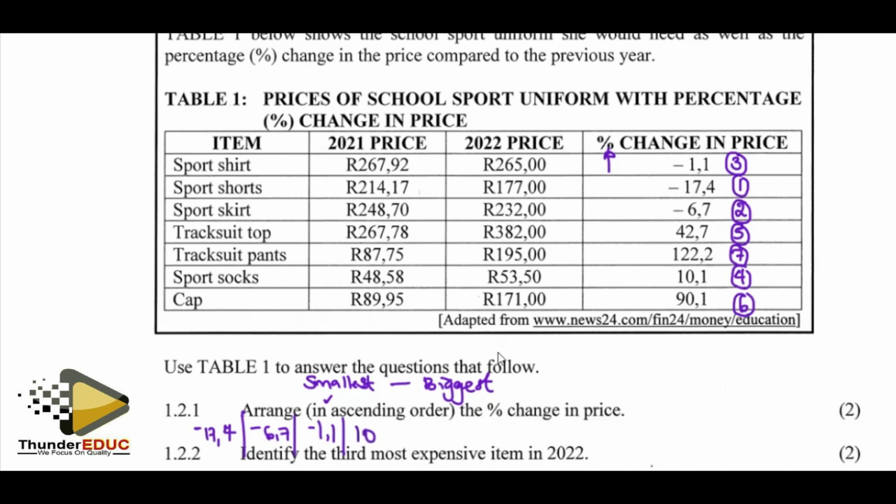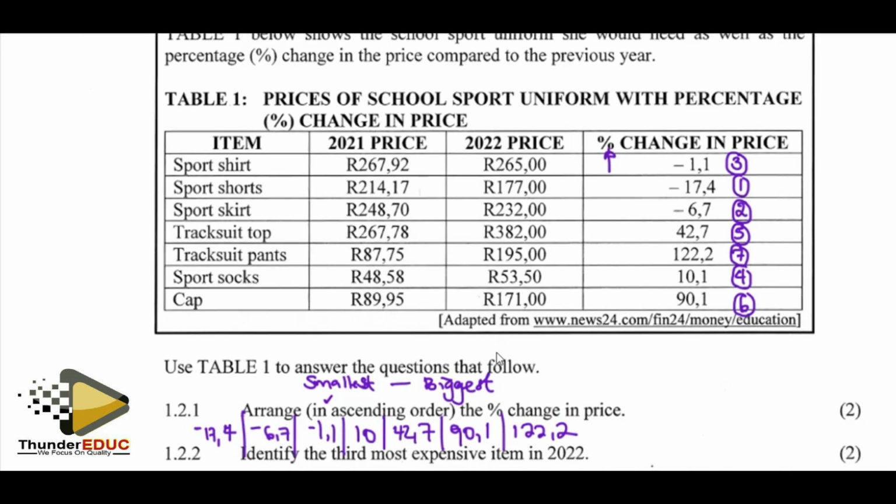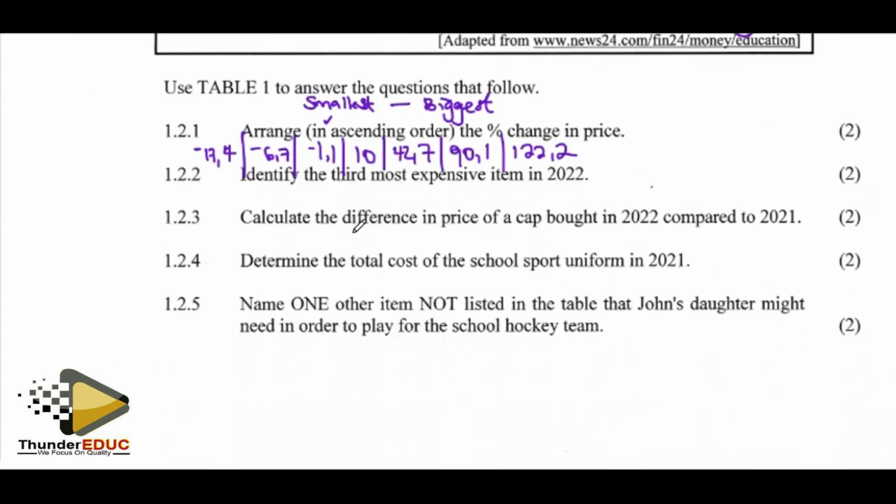We have a 10,42,7. Then we have 90,1. And at last we have 122,2. That's the ascending order.